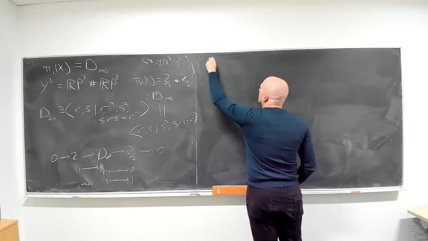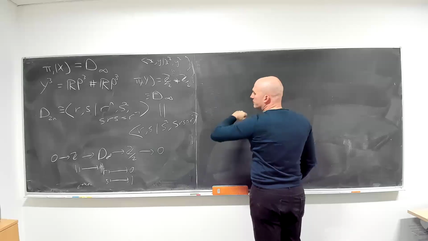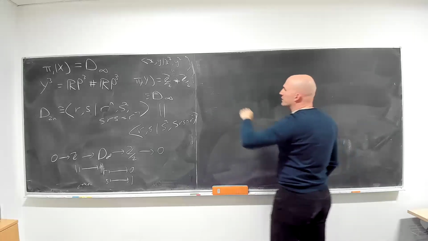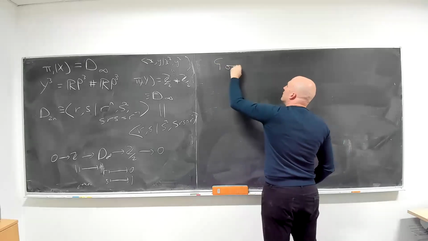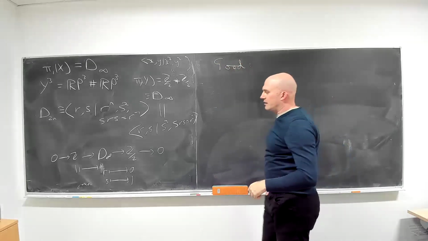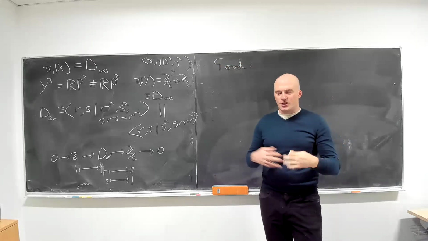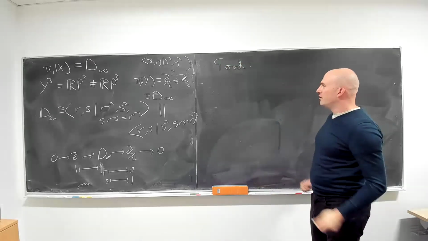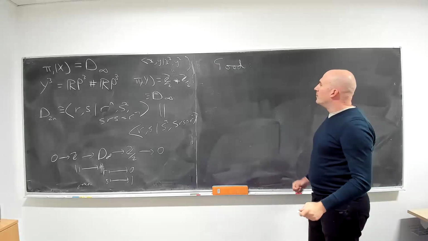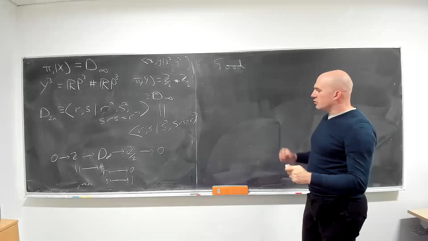Good is in the sense of Freedman, and it means that you can hope to apply high dimensional surgery theory in dimension 4, which makes me very happy. Those are called the good groups.